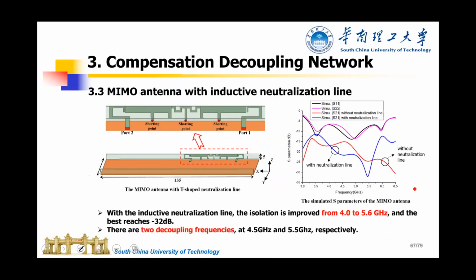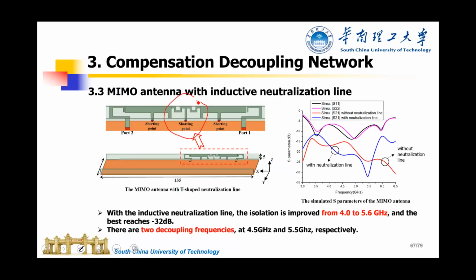So we want to use two different neutralization lines to neutralize the coupling. First we use the inductive one, like this T-shaped neutralization line.